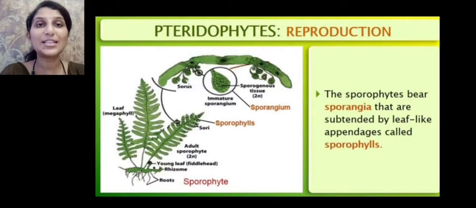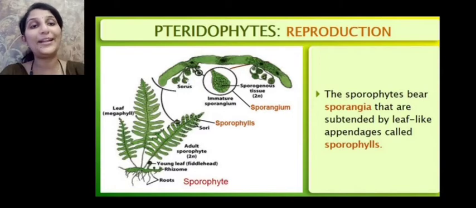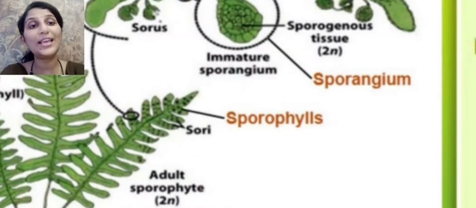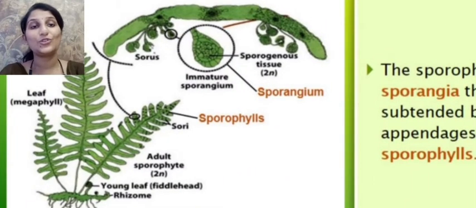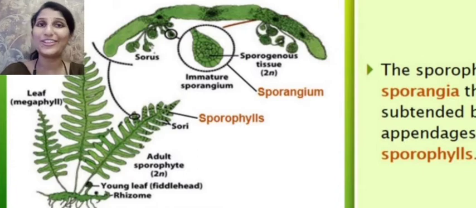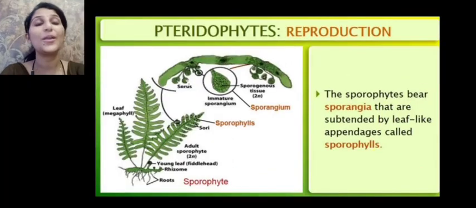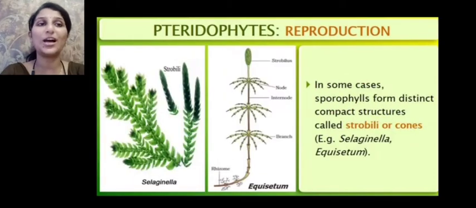And where are these sporangia produced? They are produced on leaf-like appendages called sporophylls. So this is the adult sporophyte, which is 2N, and it has certain leaf-like appendages called sporophylls. On the sporophylls, sporangia are produced, and inside the sporangia, spores are produced.